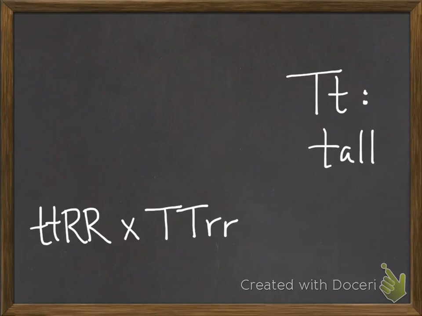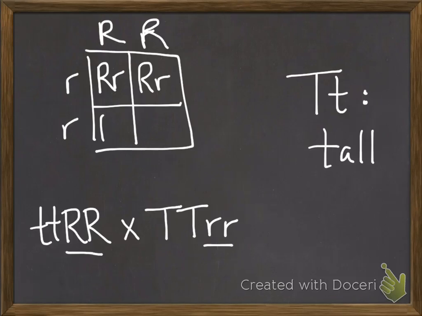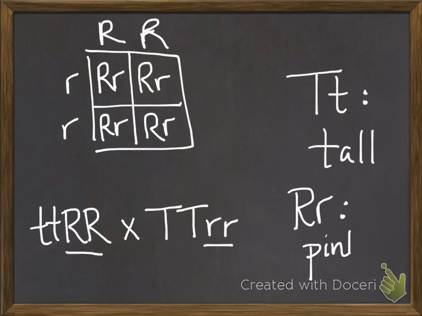Then you just do a Punnett square for the other gene in the same way. And when you fill out the Punnett square, you see that all the F1 progeny are big R, little r, and the phenotype associated with that genotype is pink flowers.